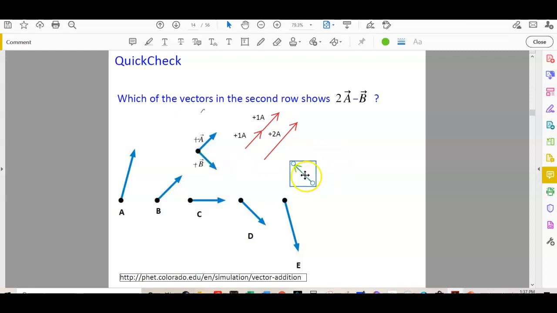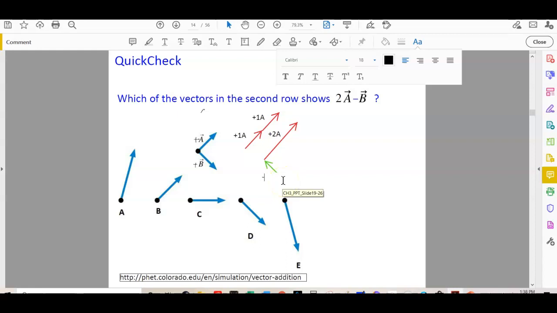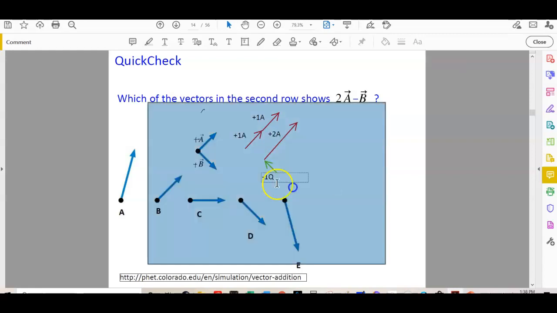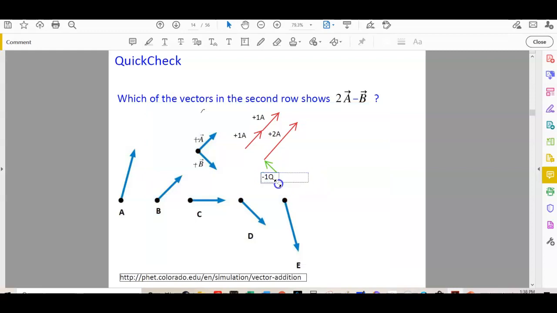And again, the process doesn't matter where you place it as long as it's tip to tail. So I'm going to add it right here. And so this green vector is the negative B vector, or negative 1B vector, I should say, since we're now talking about multiples of vectors. Well, then the resultant, again, you will go from start to finish.